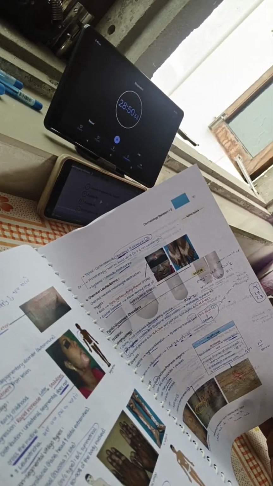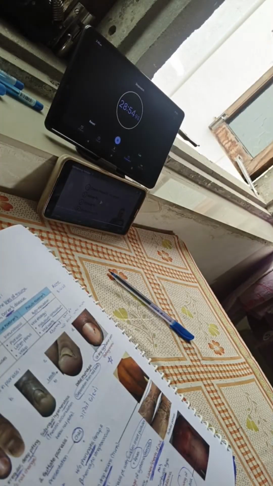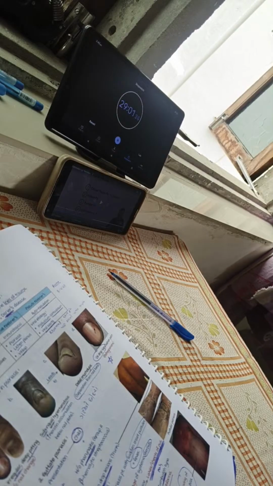Koebner's phenomenon is positive, with silvery white scales on the extensor surface. Koebner phenomenon is of two types, true Koebner and pseudo Koebner. In true Koebner there is psoriasis, lichen planus and vitiligo. In pseudo Koebner there is molluscum contagiosum and viral warts. Rare causes are Kaposi sarcoma and Darier's disease.